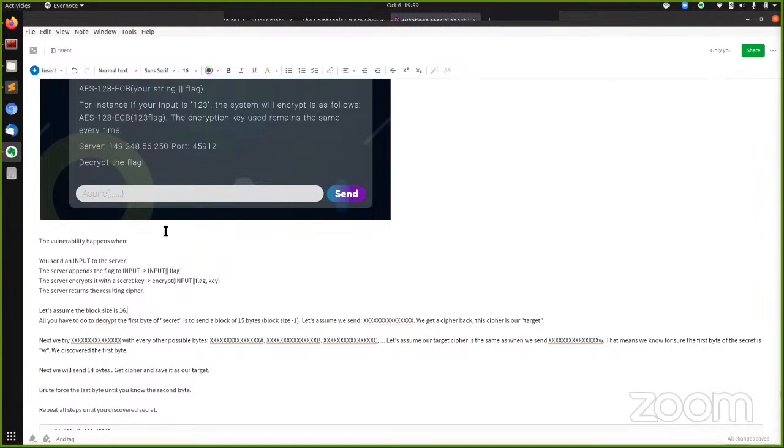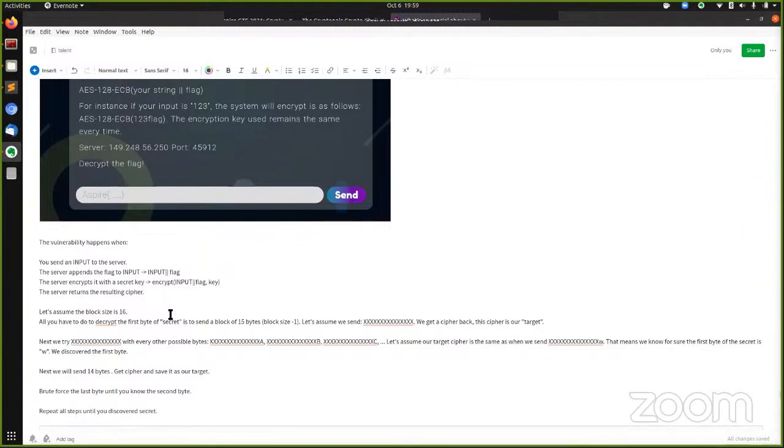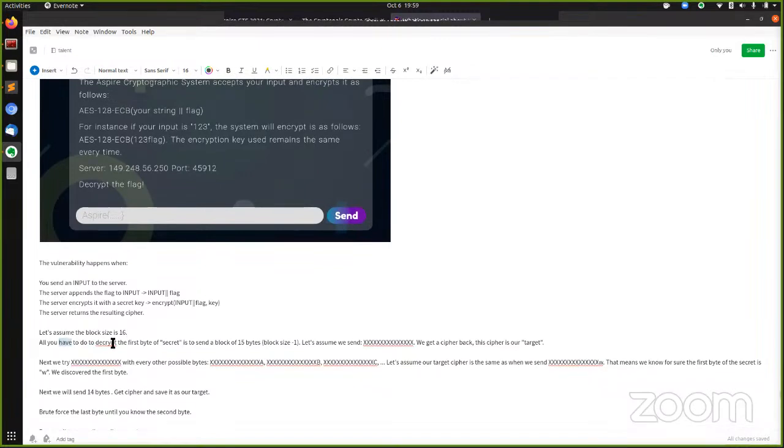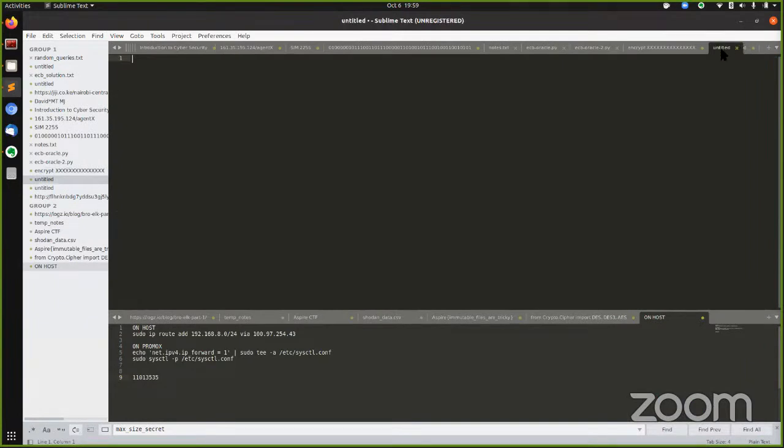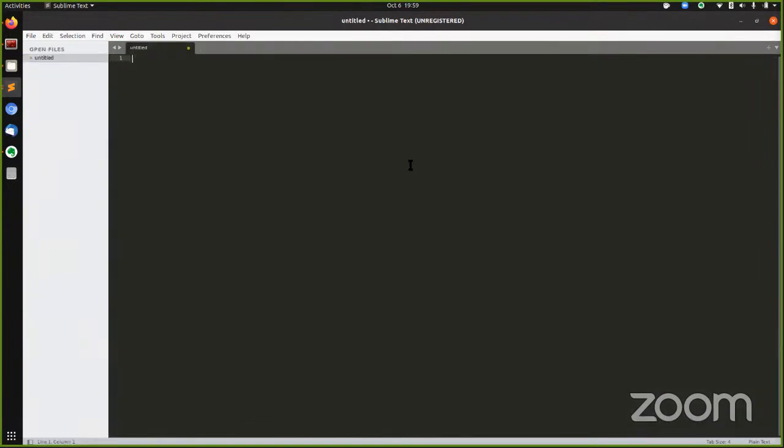So how do we break this system? The first thing we are going to do is try to decrypt the first byte of the flag. Let me do this. Let's say we have a flag called ABCD.